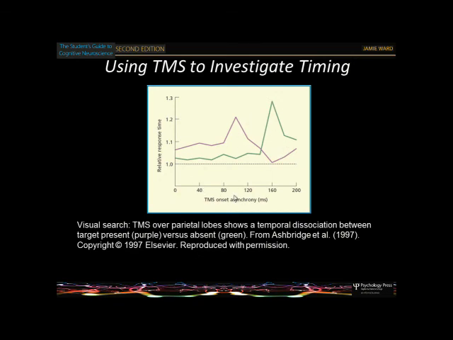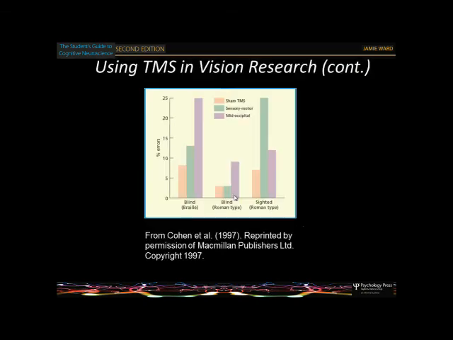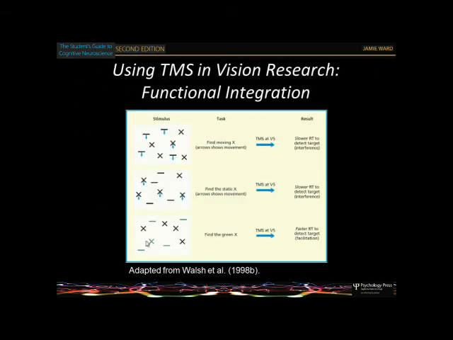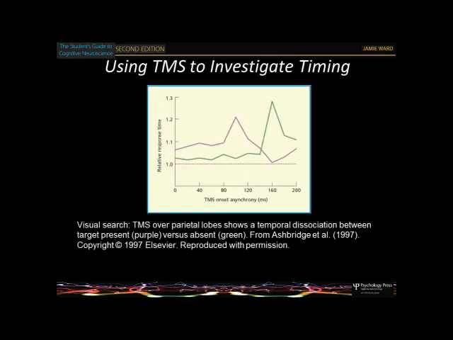And lastly, this is just an example of using TMS in a study where you're having to find something that's on a screen. The difference here is that they apply the TMS pulse at different times. This is whether or not you get slowed, so this is the timing of the TMS pulse. What you find is that when you apply a TMS pulse at different times, it affects your ability to detect different targets, whether a target is absent or present.